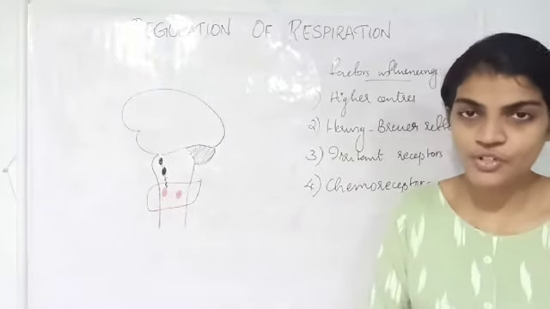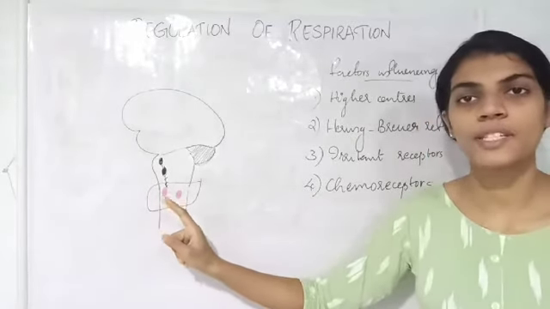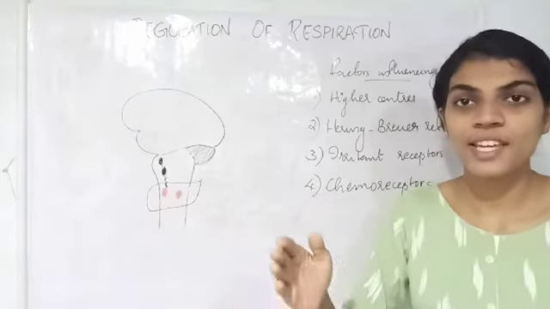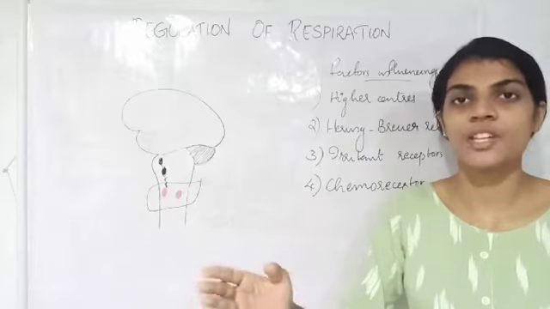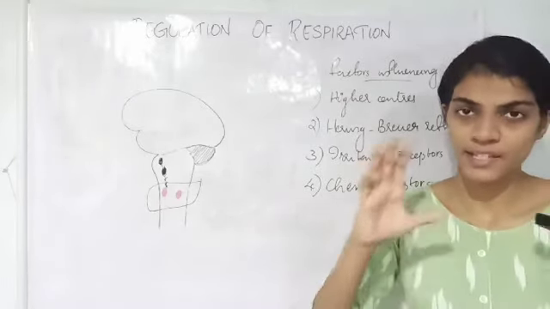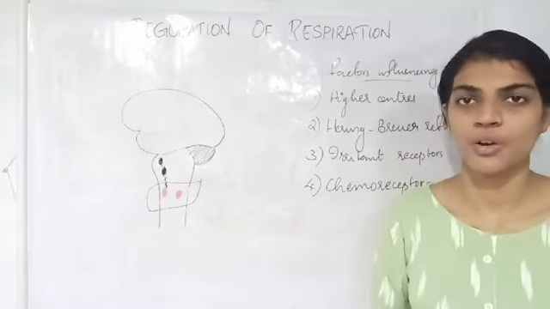When there is low oxygen, these chemoreceptors will stimulate the dorsal respiratory group of neurons, so the inspiration is increased. With hyperventilation, inspiration is increased, so more oxygen comes to the body, and the same amount is given outside also, so expiration is also occurring.